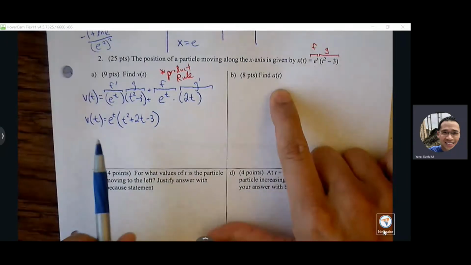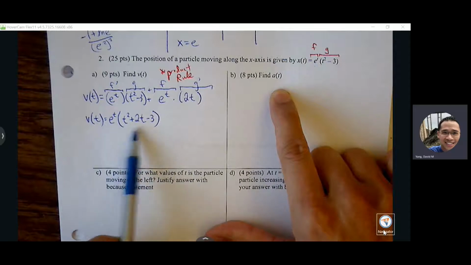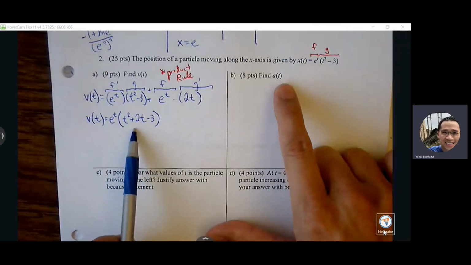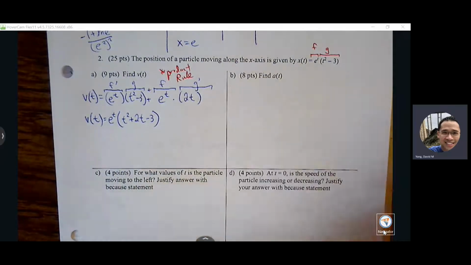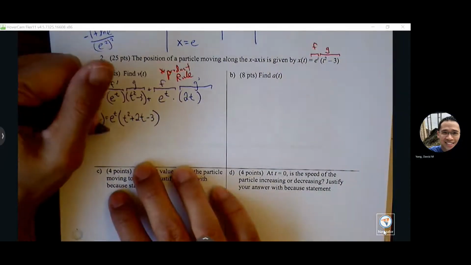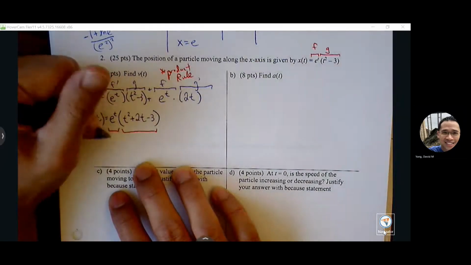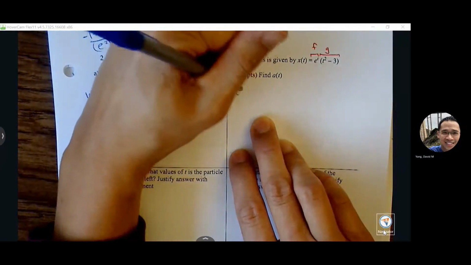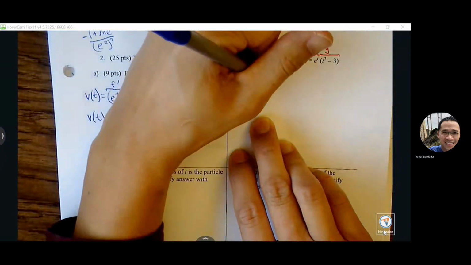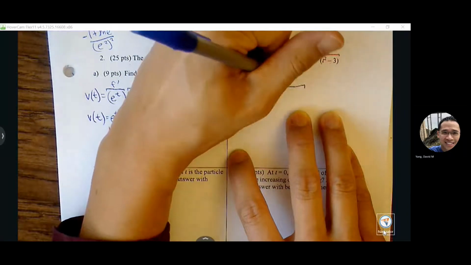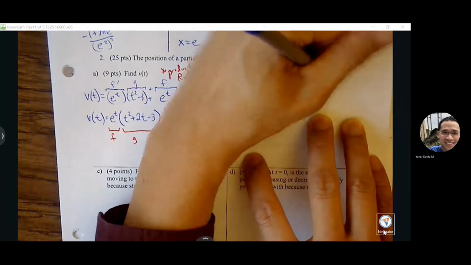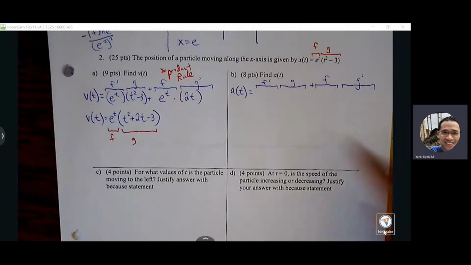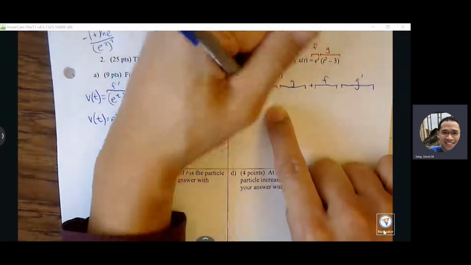Okay, so now to find the acceleration, I can also think of these as two separate terms. Product rule again, f prime g plus f g prime to get from velocity to acceleration. F prime, e to the t becomes e to the t times 1.